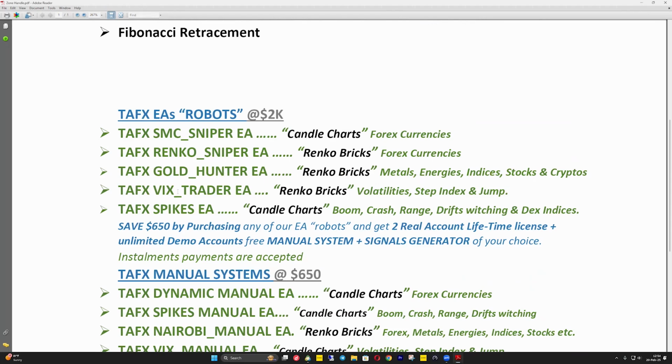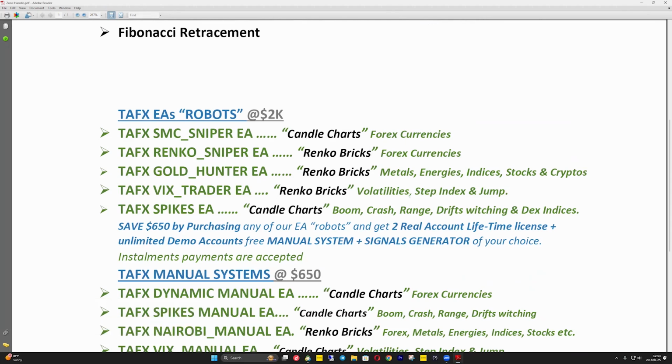We have the TFX VIX Trader. This is for volatilities, especially for those people who trade with DERIV. It is based on volatilities, and it's also a RENKO system that deals with a combination of candle charts and RENKO bricks. That one will trade volatilities, step index, and jump.